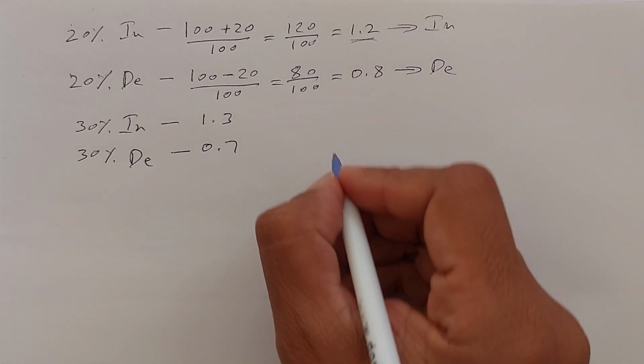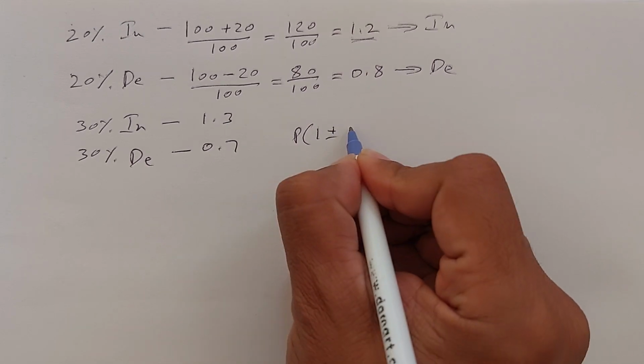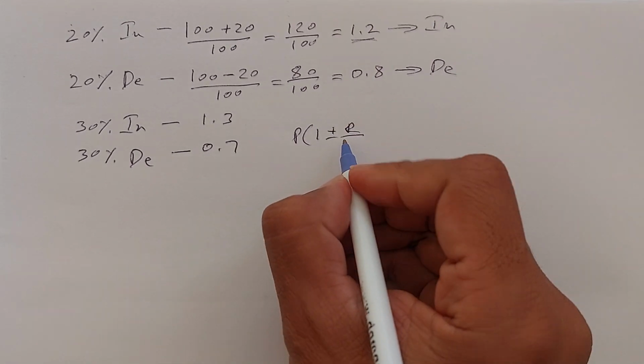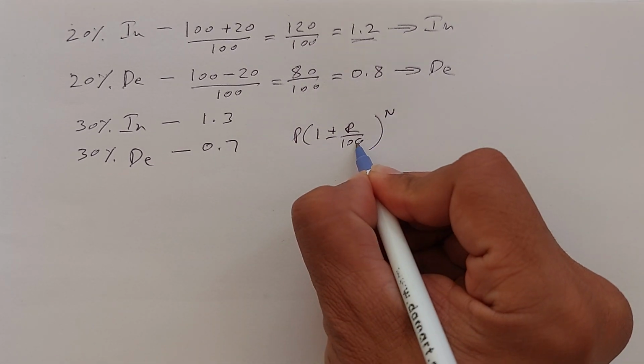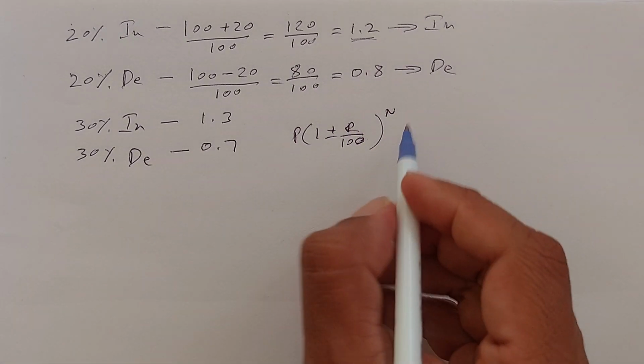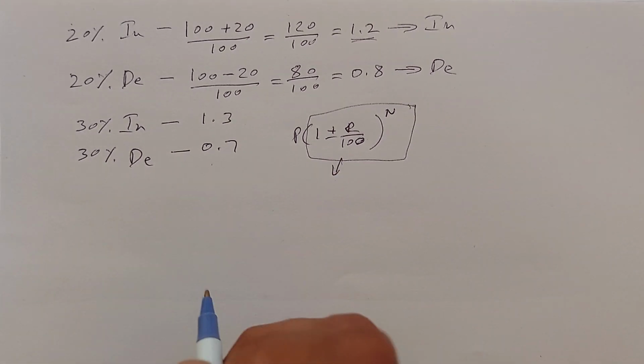The formula was P bracket 1 plus or minus R over 100 power n, number of years. So this whole lot will be gone with the multiplier.